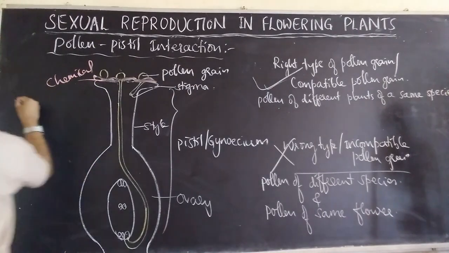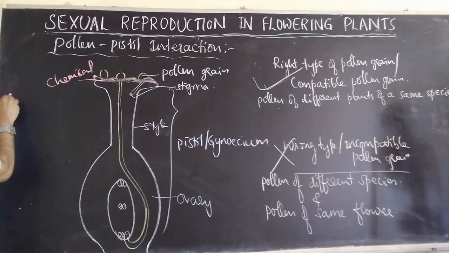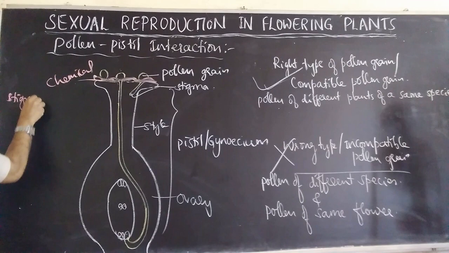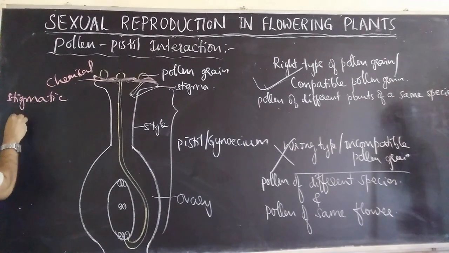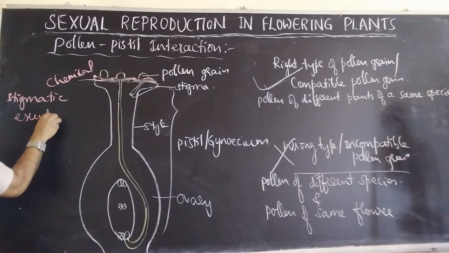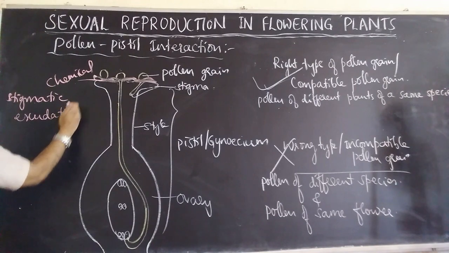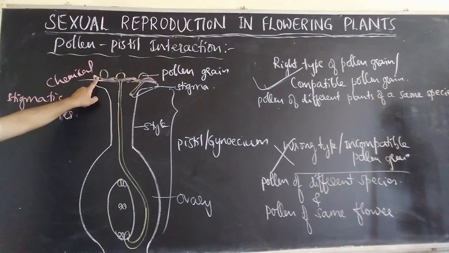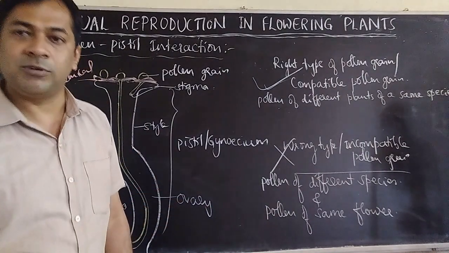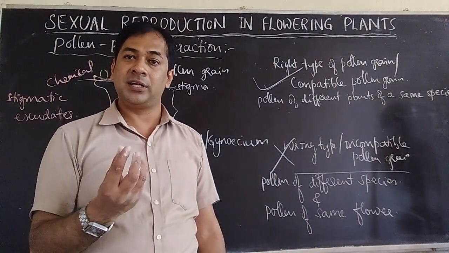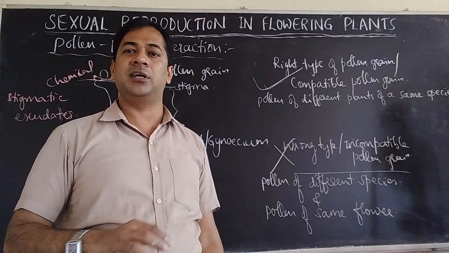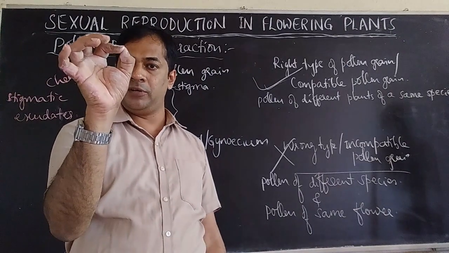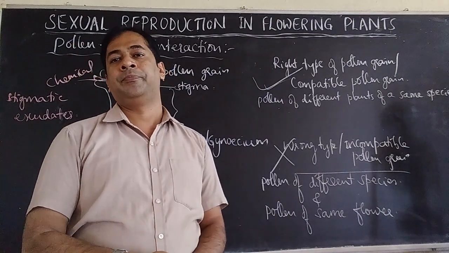That is called stigmatic exudate. That word is not there in the book, I am just telling you. Exudation means release. The stigma releases some chemical, and that chemical is required for growth and germination of the pollen grain. Germination means the pollen will produce a pollen tube.